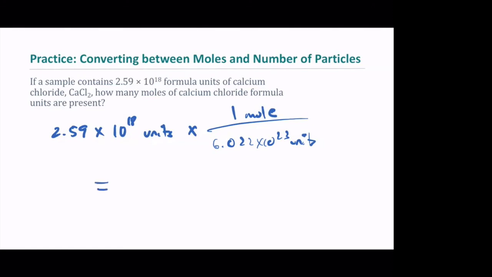What do we get? 4 point what? 301. We'll stop at 0 because we need 3 figures. 4.30 times 10 to the minus 6 moles. Yes, thank you. We got a confirmation on that. That's all there is to it.